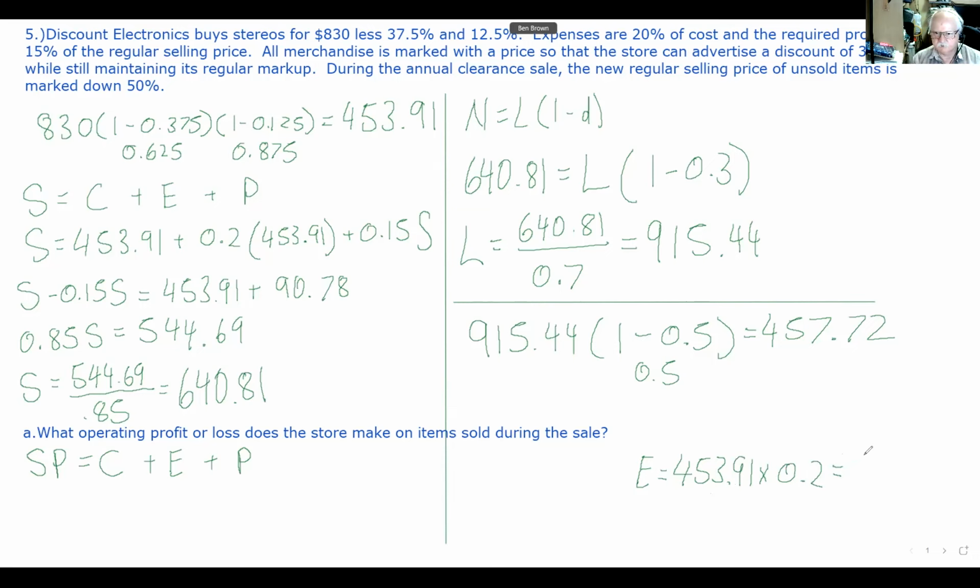Yeah, we already figured that out as being $90.78. So we can roll these back into this equation.